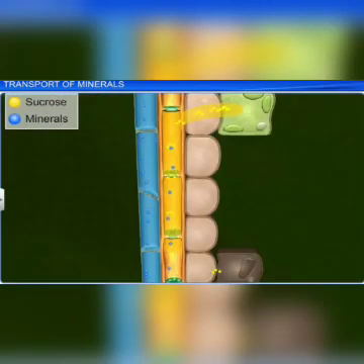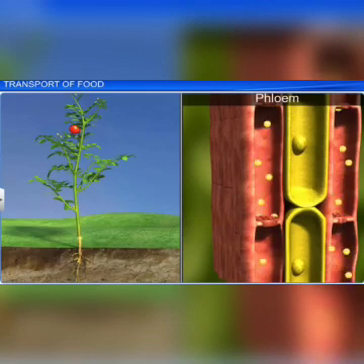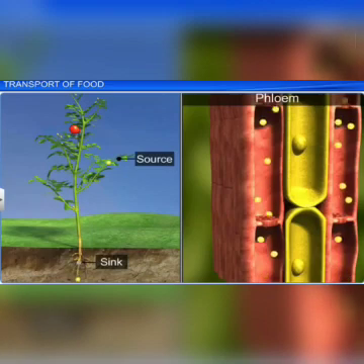Moreover, the xylem and phloem exchange small amounts of the materials they carry. Both xylem and phloem elements are responsible for the transport of minerals in plants. Plant food is primarily sucrose. It is transported by a vascular tissue called phloem from a source to a sink.